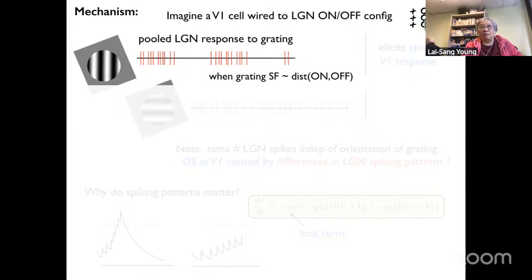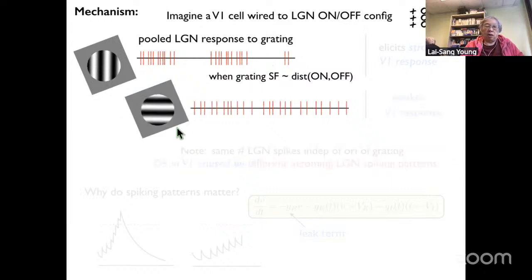When both are happy together, they fire together. This is the pooled LGN response from all 6 of these cells. They are happy together, and then there is a period when they're both unhappy together because it's the opposite. The important thing is they're happy together and unhappy together. They're on and off, so the LGN spikes come this way.